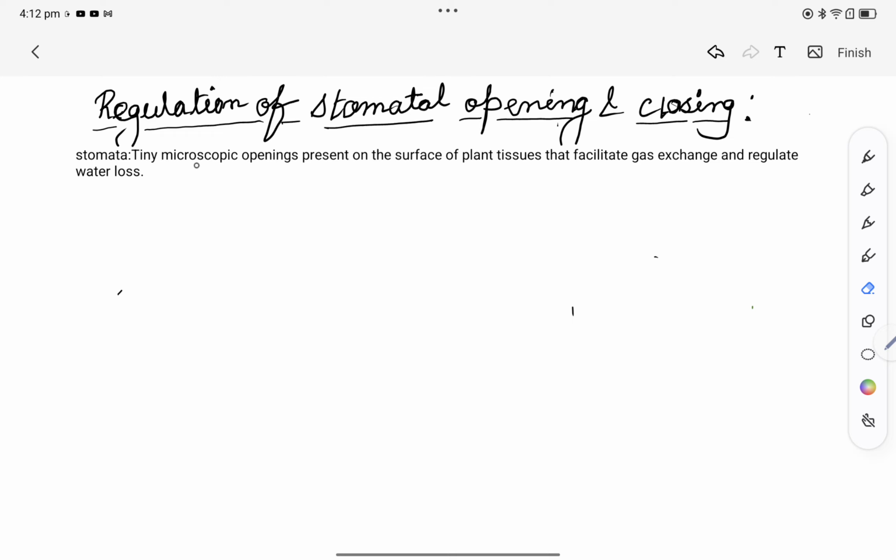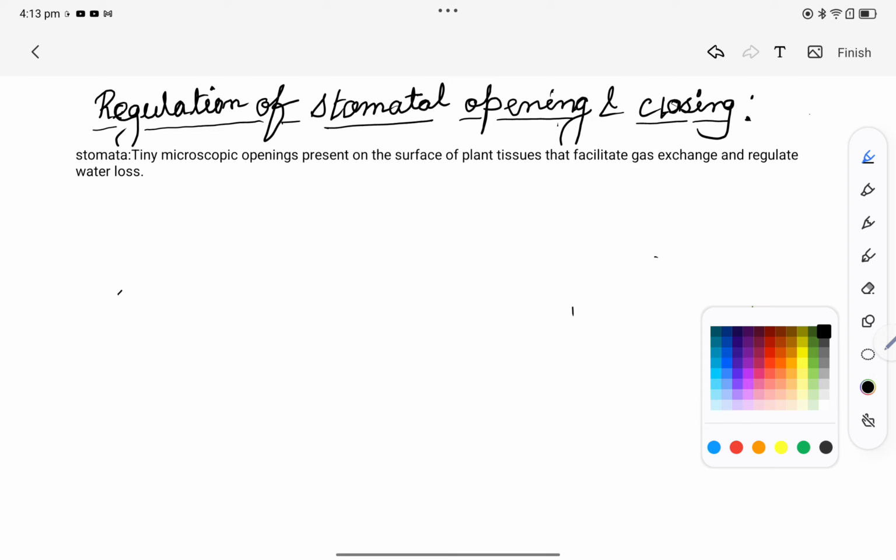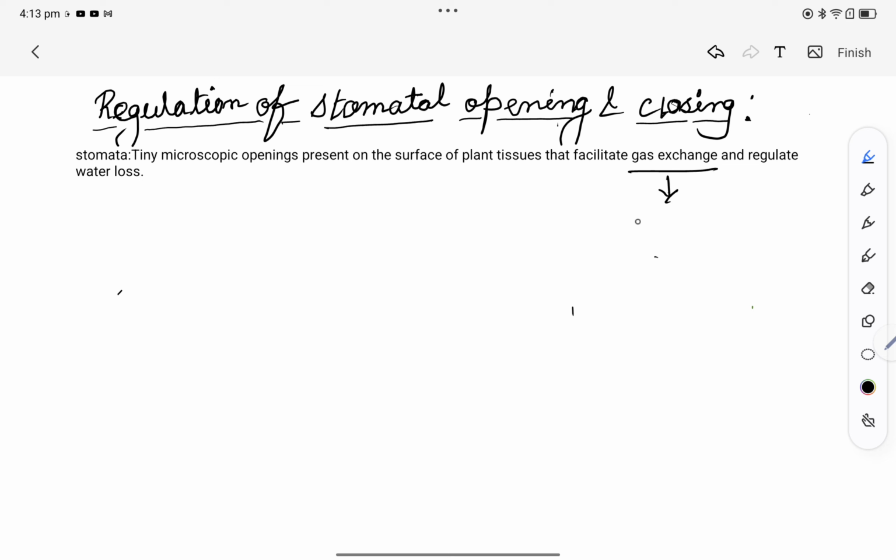They are tiny microscopic openings present on the surface of plant tissues that facilitate gas exchange and regulate water loss. Here gas means oxygen and carbon dioxide. So we are going to learn a few things about stomata.